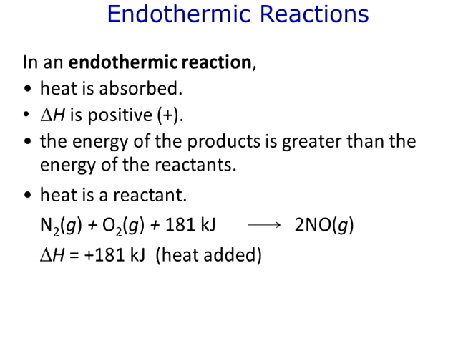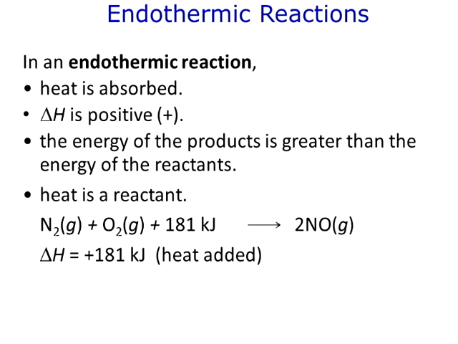Let's summarize what we now know about endothermic reactions. In an endothermic reaction, heat is absorbed. Delta H is positive. The energy of the products is greater than the energy of the reactants. Heat in an endothermic reaction is a reactant. It is part of what's put into the system.